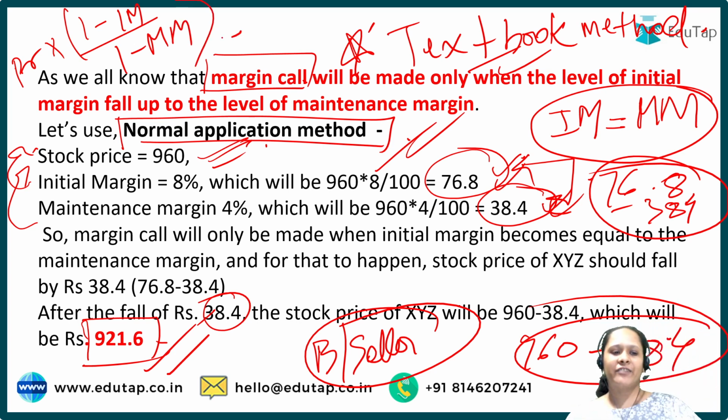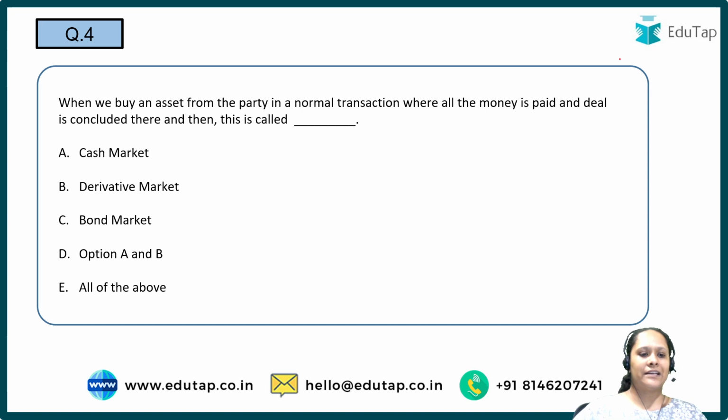So there's a slight variation in the answer, and whenever the answer comes using any of the methods, और अगर वो ऑप्शन में है तो आप उसको चुन लेना, और अगर दोनों हैं आंसर तो give importance to textbook method. Let's move ahead.